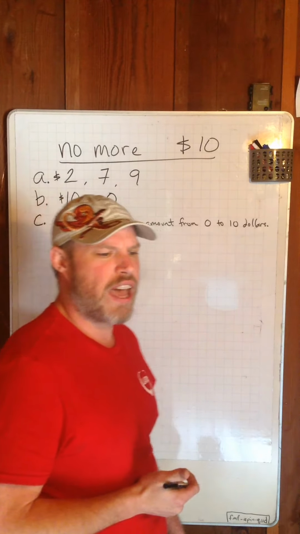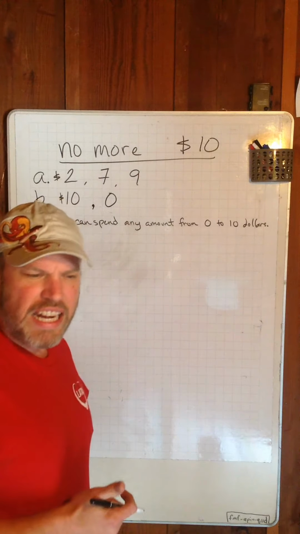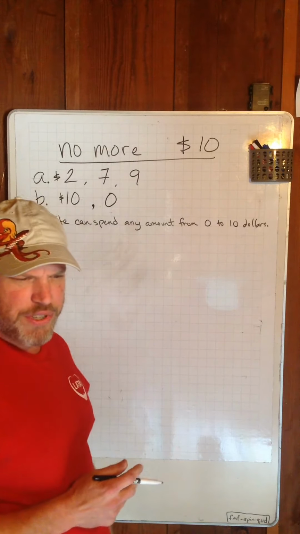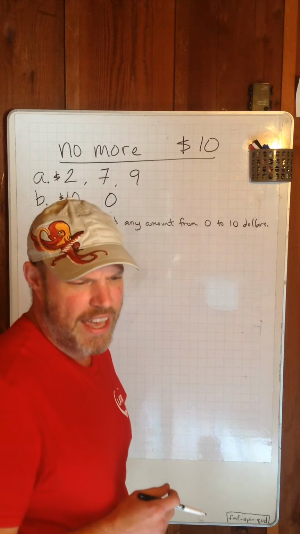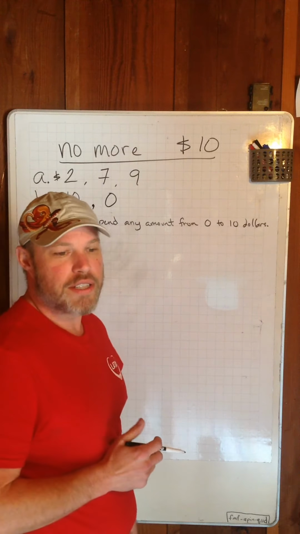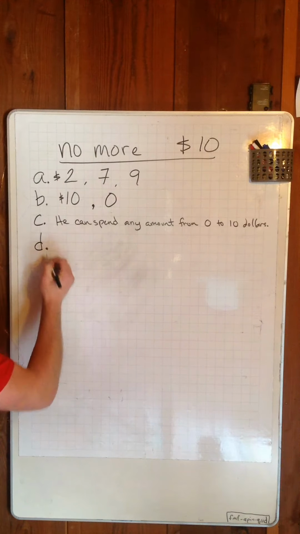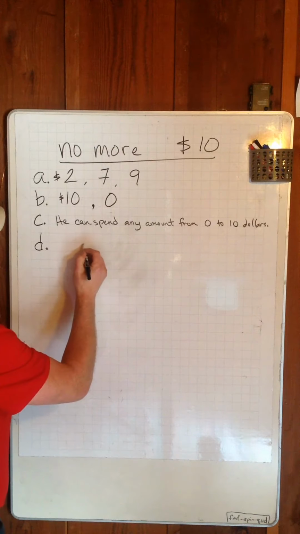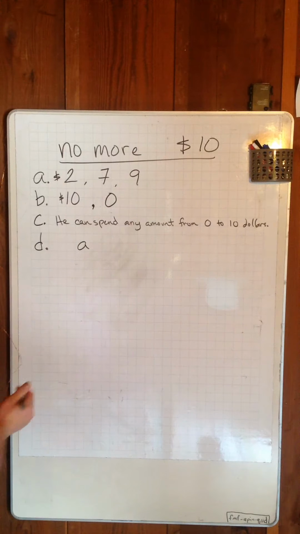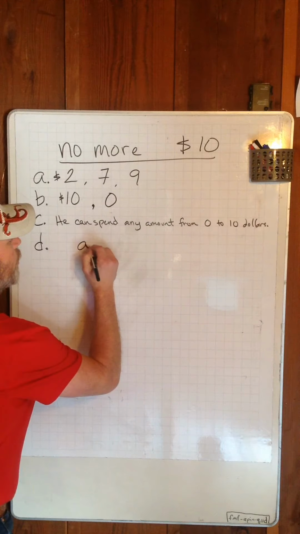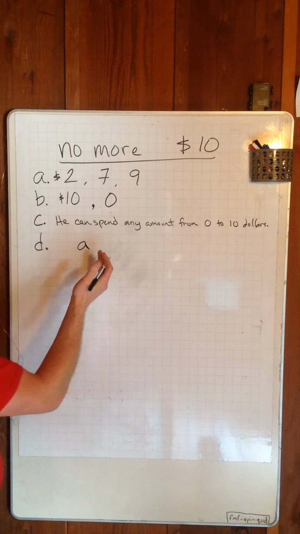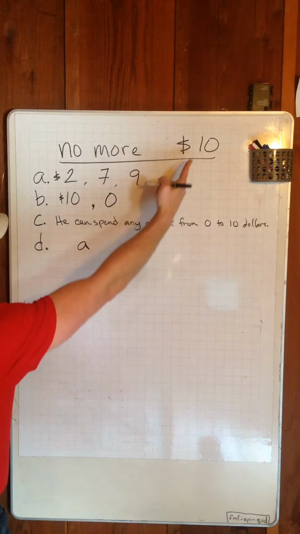In question D, it asks us to write an inequality to represent the amount A in dollars that Taylon can spend at the arcade. So we're going to write an inequality where A is the amount of money that Taylon can spend. Now A can be equal to 10, right?